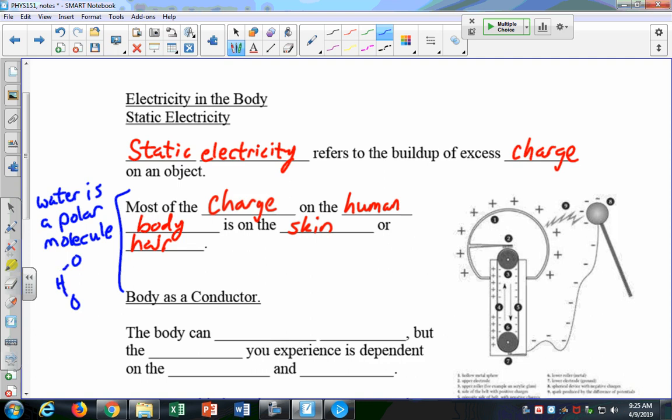Something like that. I'm not a chemist. Which side's positive? I think the O side is negative. Is that right? So this is the negative side. That's the positive side, and so it will take away excess charge. So humidity, the water in the air, takes away excess charge.